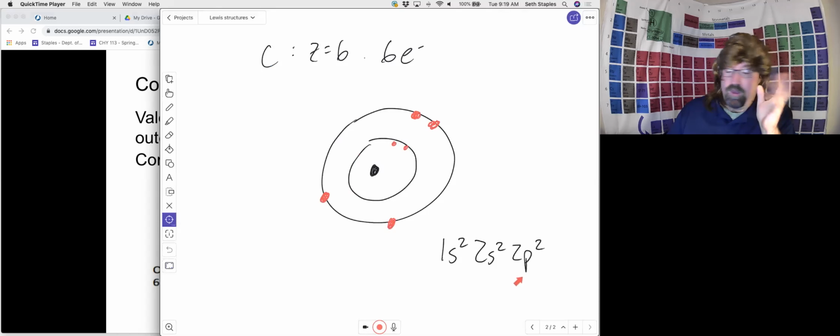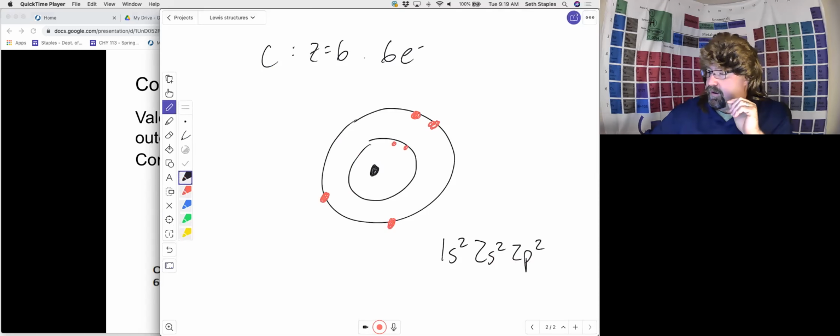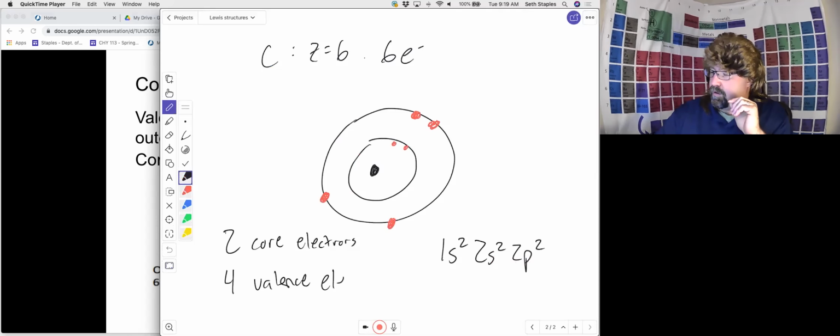That doesn't matter. We just look and see that there are 4 electrons total out in the second Bohr shell, the outermost Bohr shell. And so that means that carbon has 2 core electrons and 4 valence electrons.